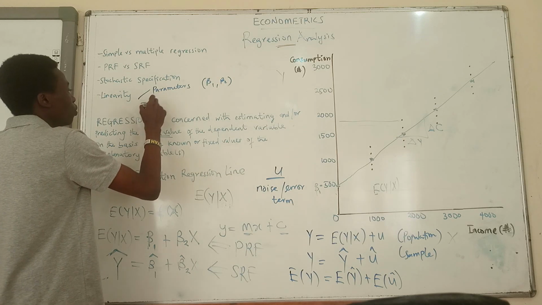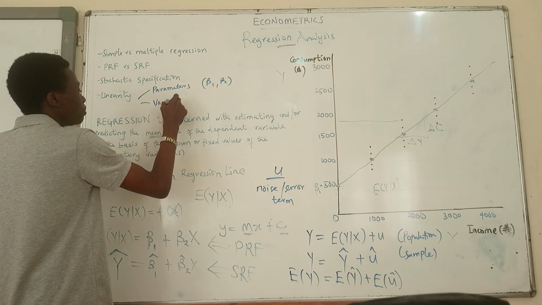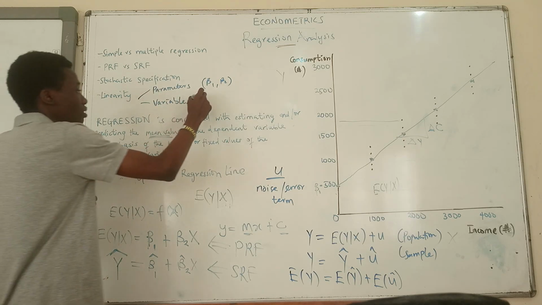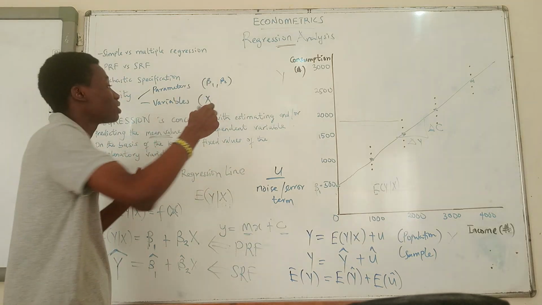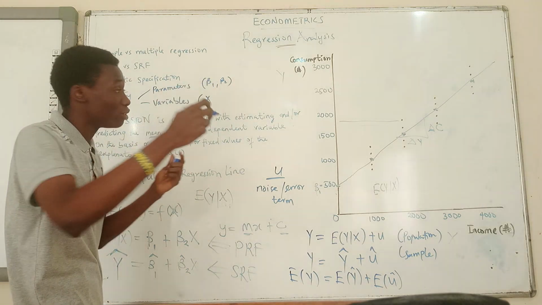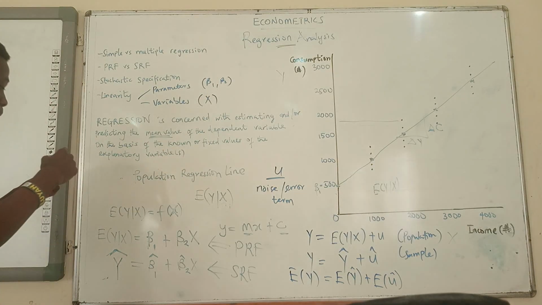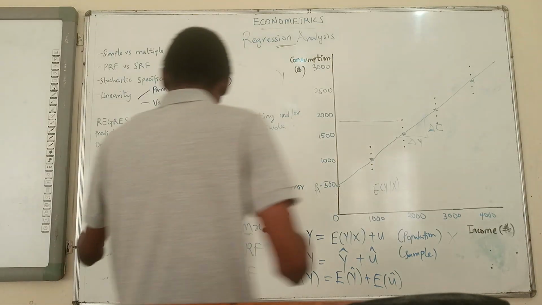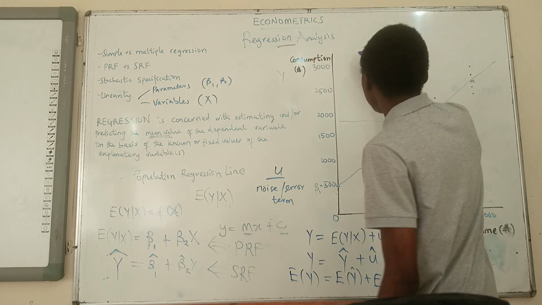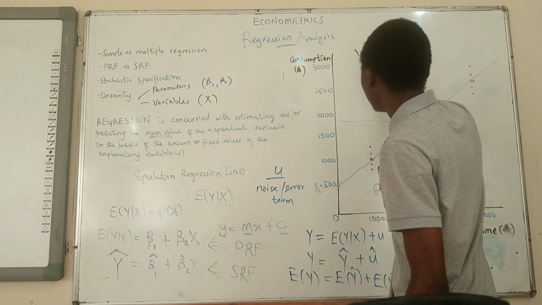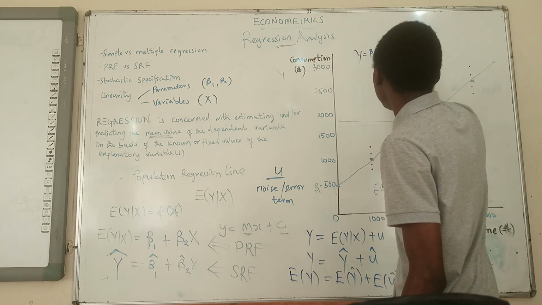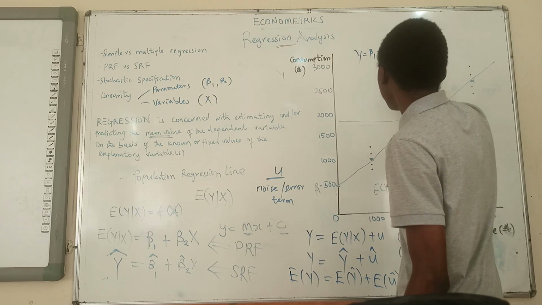Or you could have linearity with respect to the variables, that is the X1, X2, depending on the number of variables you have. So in this case, we just looked at Y equals beta 1 plus beta 2 X.